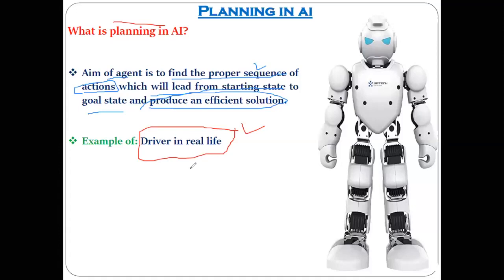Nashik. Understood. Now, what will that driver do? Will that driver need to do some planning there? Because he has some passengers at the Patoda location and some passengers at the Vinchur Chowk. Correct? Yes. Now, what kind of planning does he need to do?